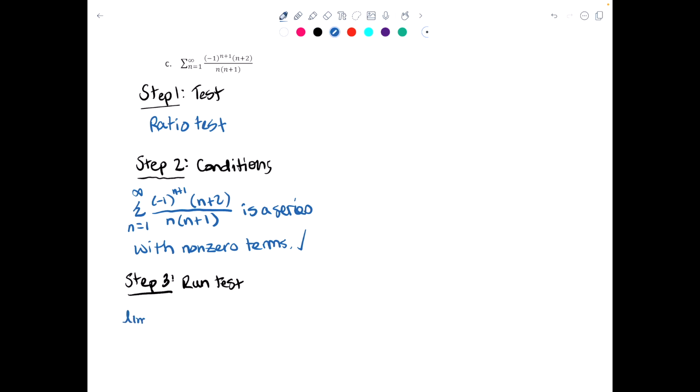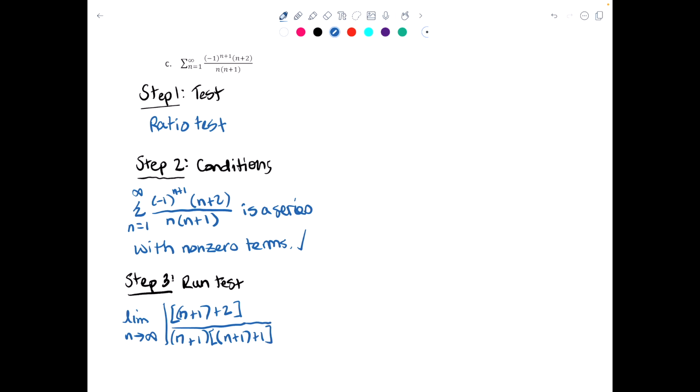So we'll have the limit as n approaches infinity of absolute value. The negatives are going to go away, so I'm not even going to include them. And then we will have n plus 1 plus 2 over n plus 1 times n plus 1 plus 1.